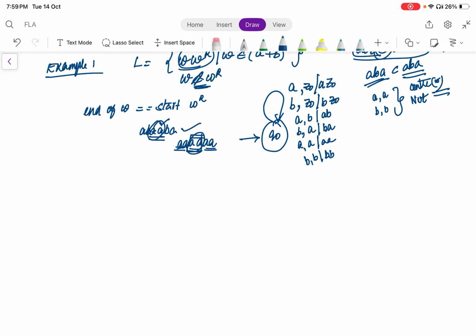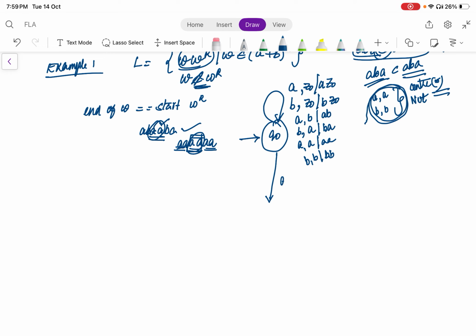What if the center has been reached? If it is the center, you perform a pop operation and change the state. Only for these two possibilities are you going to perform pop.